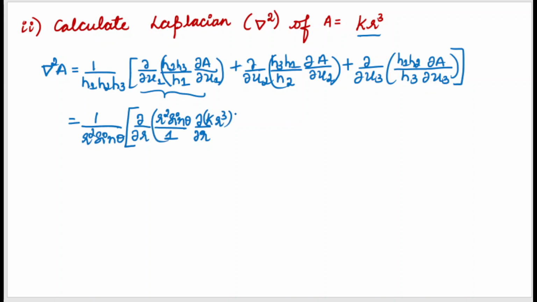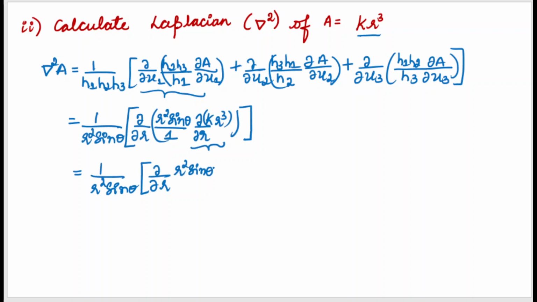Okay. Now what you need to do is first differentiate this term completely, then the remaining terms you can again differentiate. Laplacian is nothing but differentiating twice partially. So r square sine theta dou divided by dou r we shall keep as it is, r square sine theta also as it is. K is constant, we will take it out of the differentiation.